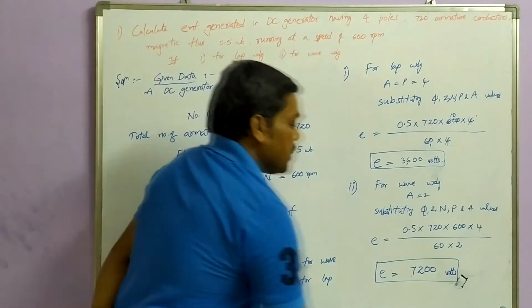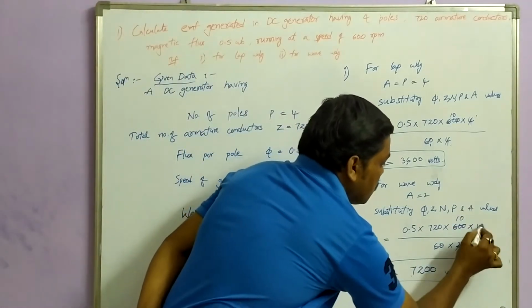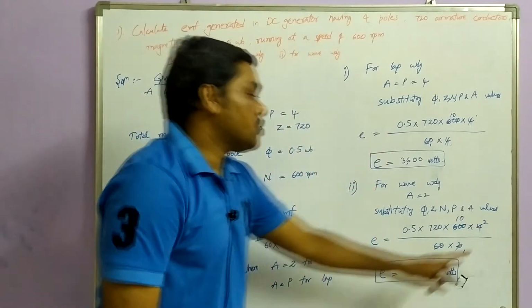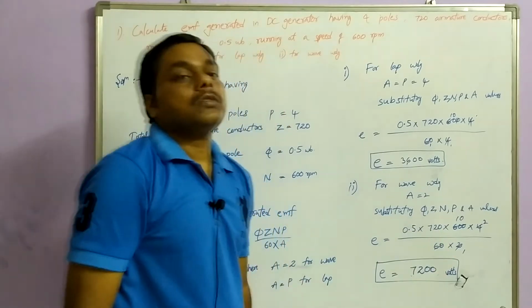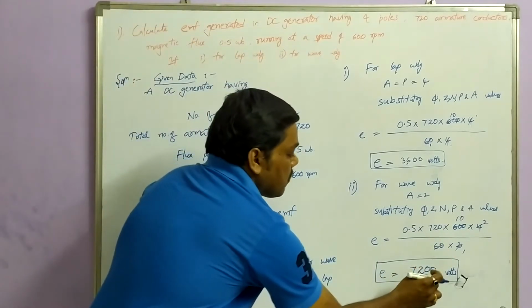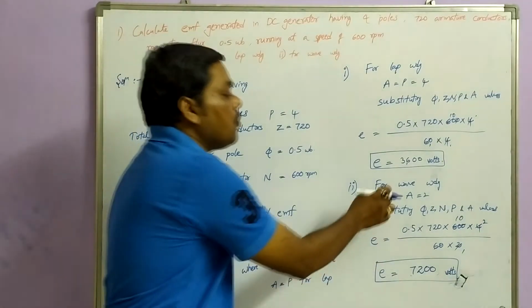So 60 gives 10 times again, and the 2 and 2 cancel. So 10 into 0.5 is 5, 5 into 720 is 3600, and 2 times that, you will get 7200 volts EMF for wave winding.